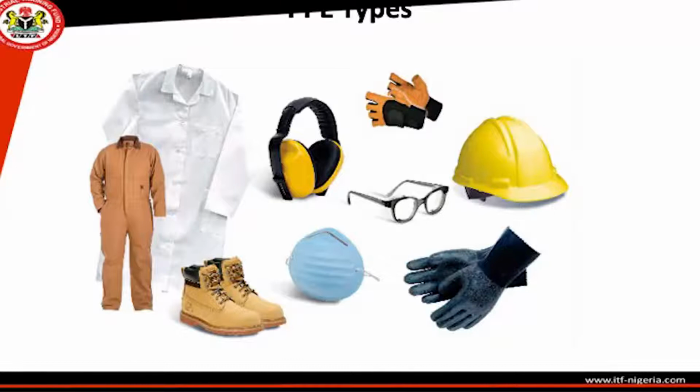All this provides protection to the body. And on my screen, I equally have a list of some of these safety attire. I have the overall, the safety boots, the head muff, the nose mask, the helmet, and the hand gloves.